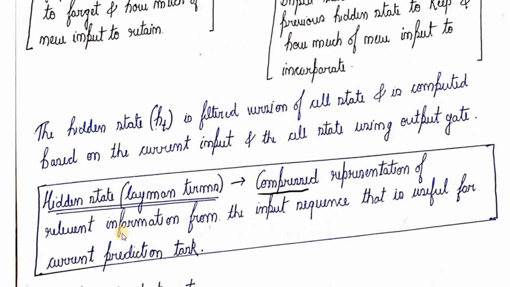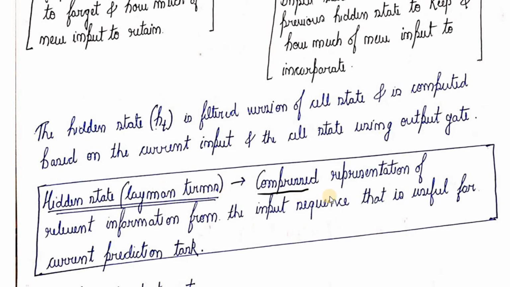It could be anything, but we need to compress the information from the input sequence that could be passed to different states. Like it could be used in calculation of the hidden state, it could be used in the calculation of the forget gate, it could be used in the calculation of the output and input gate, and so on.